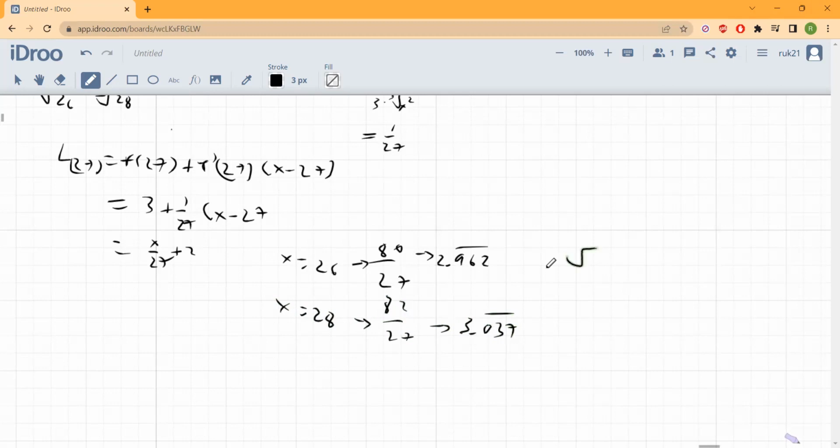Now the actual cube root of 26 is 2.9624. So it starts differing on the fourth decimal here. And then the cube root of 28 is equal to 3.03655. So here it also starts differing on the fourth decimal.